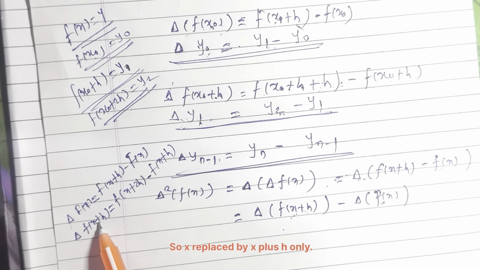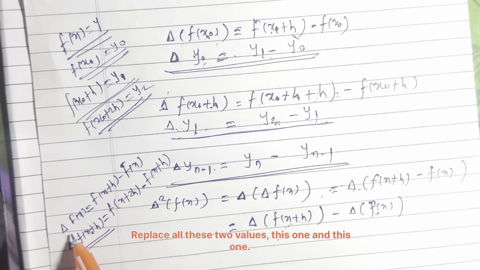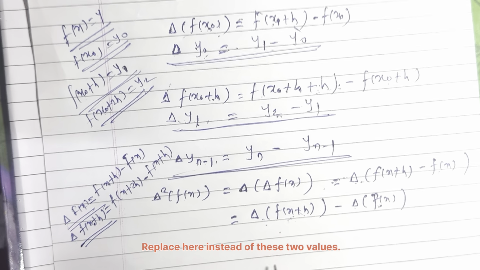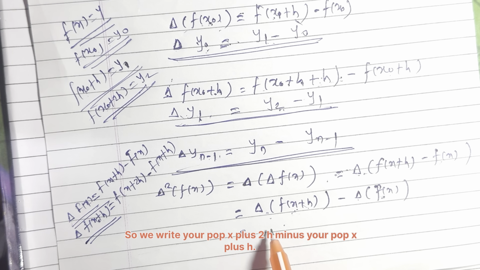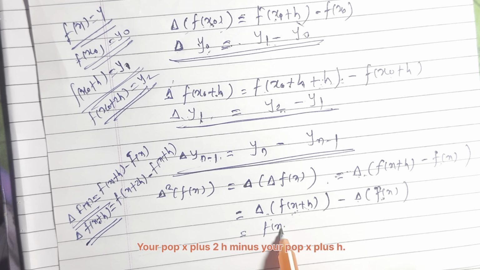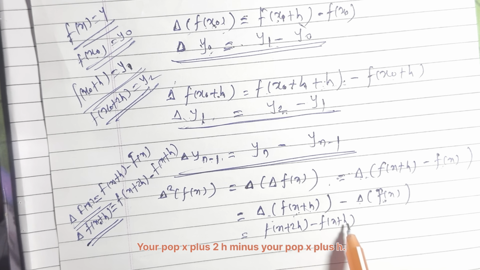So x is replaced by x plus h only; replace both these values. So we write f of x plus 2h minus f of x plus h.